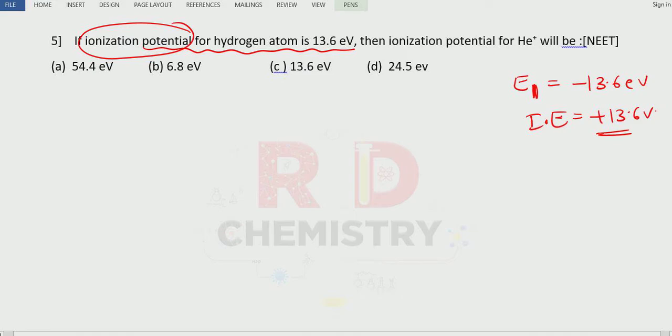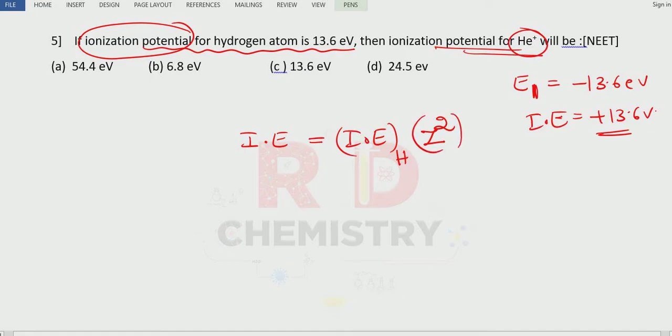Now I want to calculate the ionization potential of helium, other than hydrogen. For that we have a formula: ionization energy of any hydrogen-like element is equal to the ionization energy of the hydrogen atom into the atomic number squared, Z square. Which is 13.6 electron volt into Z square.